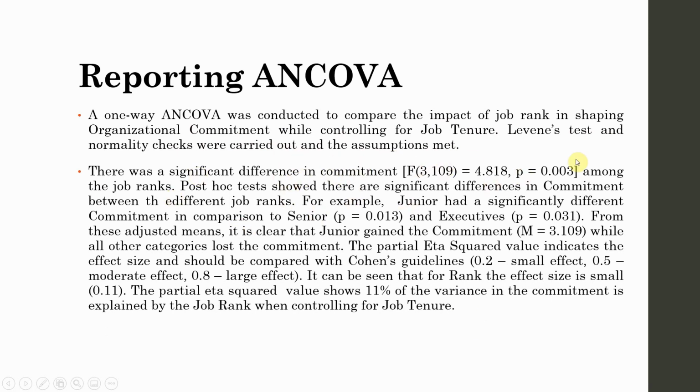First, we report the overall results that yes, there were significant differences, and then we report whether there were differences between the individual groups or categories, such as junior had a significantly different commitment in comparison to senior, and then you mention your p-values, and similarly you can do it for your other categories as well. And then you report your partial eta square based on Cohen's guidelines. In this case, it was pretty small. And again, you interpret your eta square as 11% variance in the commitment being accounted for by job rank when you control for your job tenure.